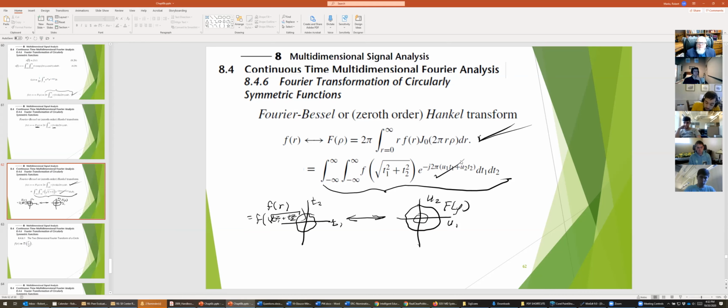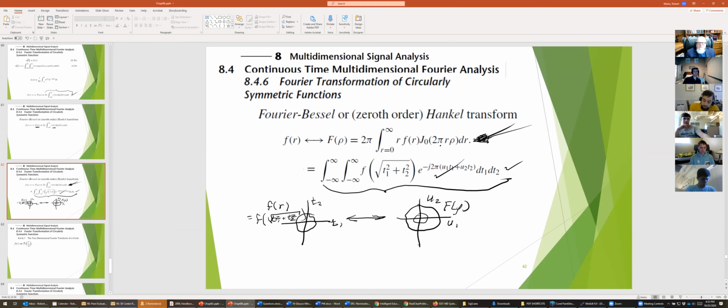In fact, I would submit to you that using the Hankel transform is always easier than using the two-dimensional Fourier transform, except in one case. And I'll talk about that case just in a second.